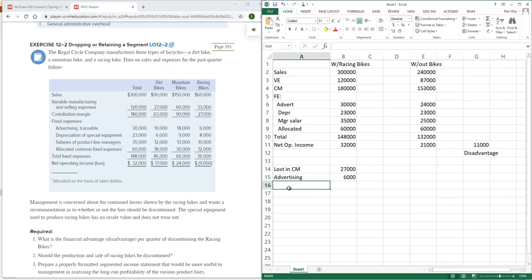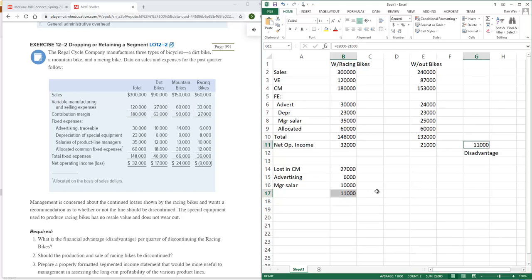Again, depreciation was a sunk cost, so we can't do anything there. Salary of the product line manager, we'd be saving that, so $10,000 there. And then again, allocated common fixed expenses, no change. So our net difference is the $27,000 in lost contribution margin minus $6,000 in advertising minus the $10,000 in the manager's salary, and there's our same change of $11,000.